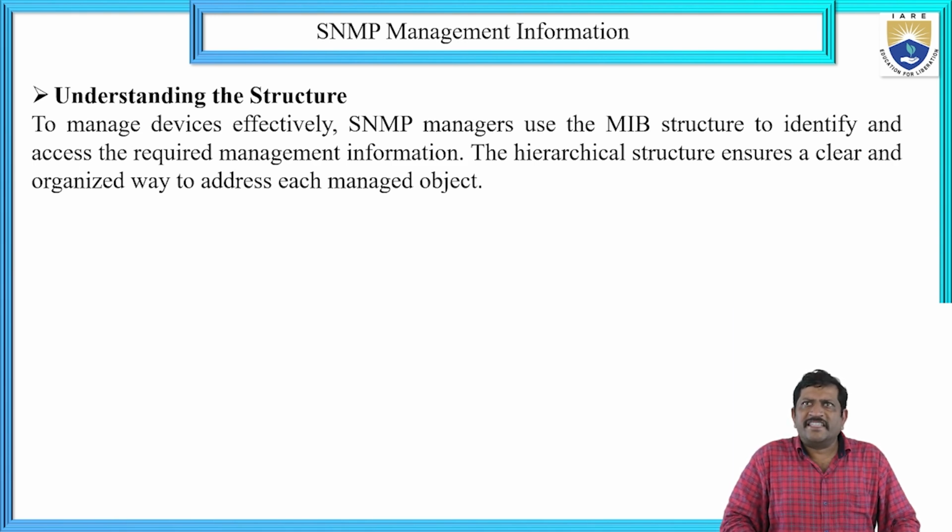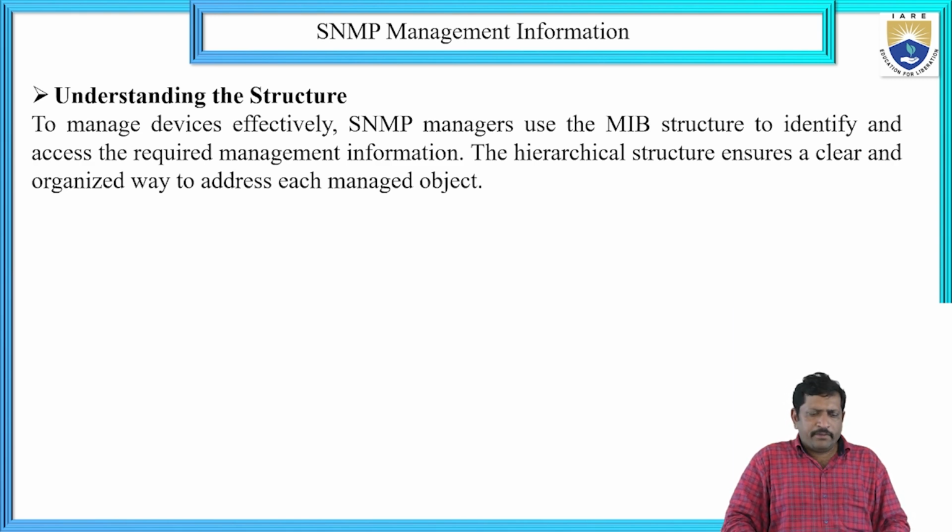Here the SNMP manager is using the MIB structure architecture. With the help of this architecture, we can maintain the data in a hierarchical way and transmit the data effectively by identifying and accessing the required management information.